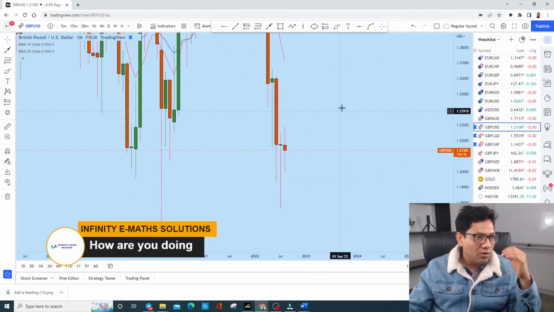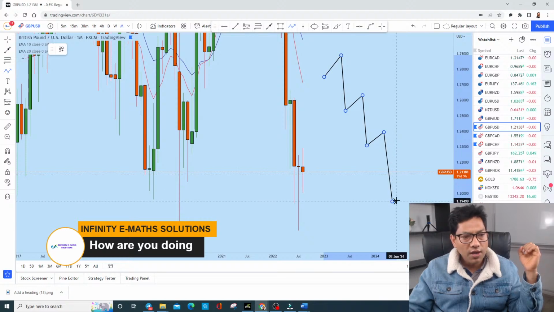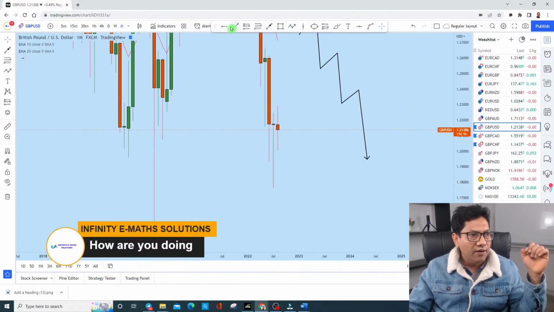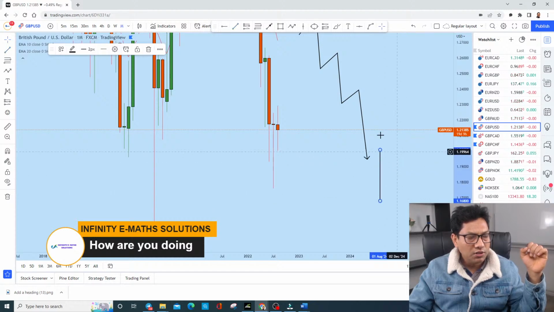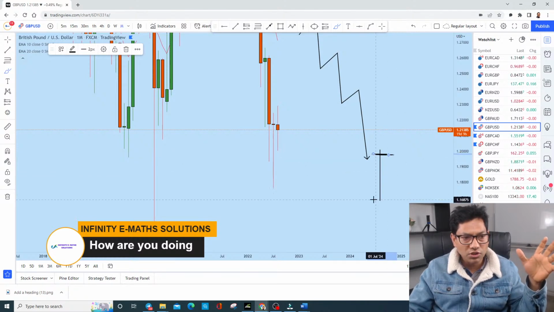Now I'm repeating again: whenever you see a strongly falling market, and the price creates a vertical doji like this, most traders fall into the trap of buying in that market. Most think, okay, there is a doji, let's buy it.